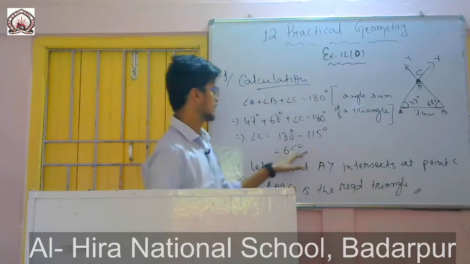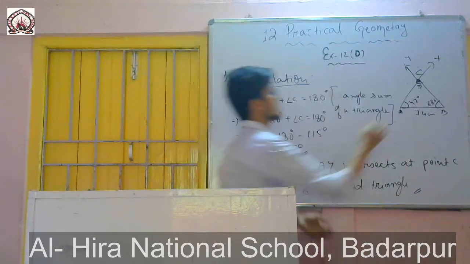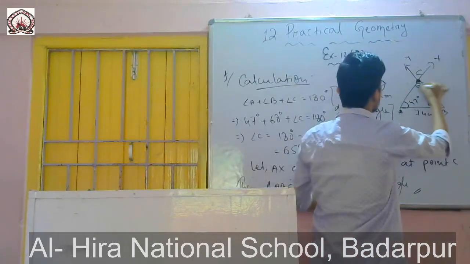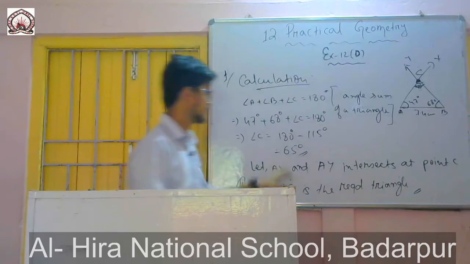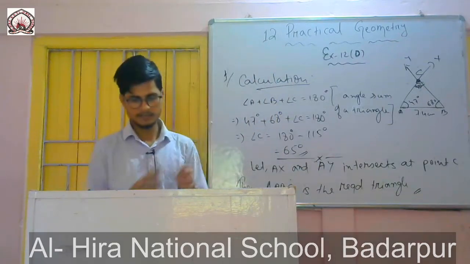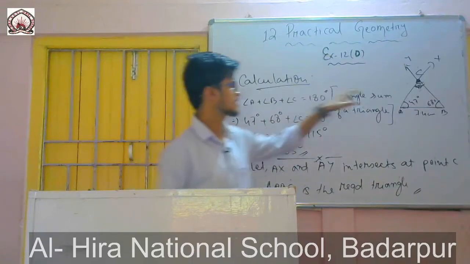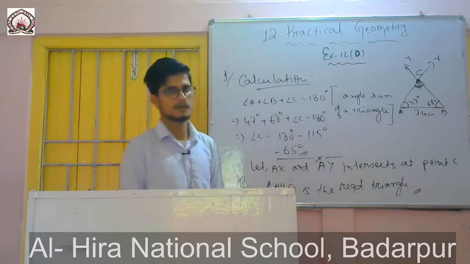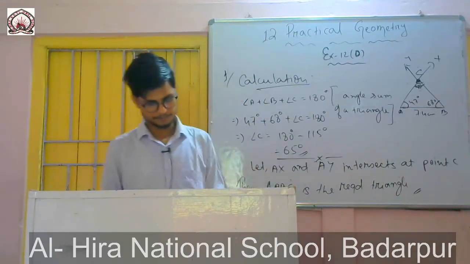After finding 65 degree, you check using your protractor whether this angle is coming or not. If it matches, your answer is correct. If it is different, for example you got 70 or 75, that means somewhere you have done wrong.